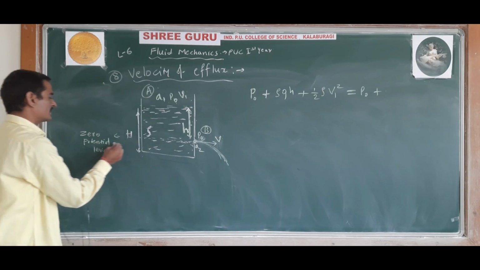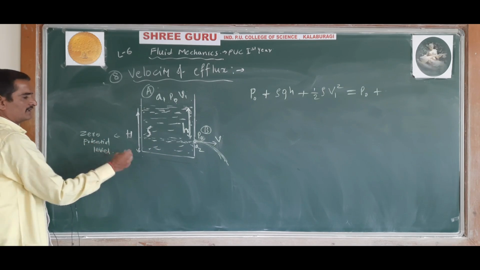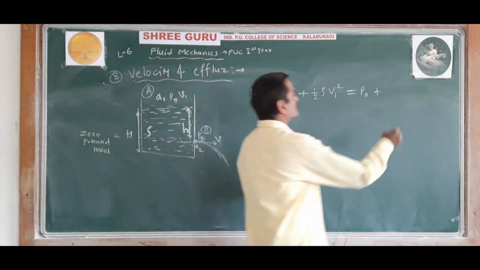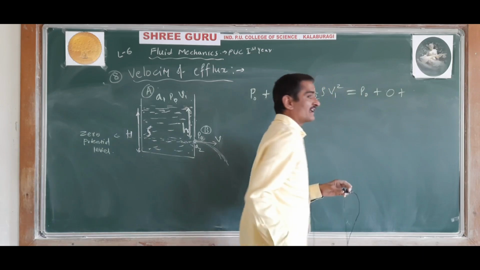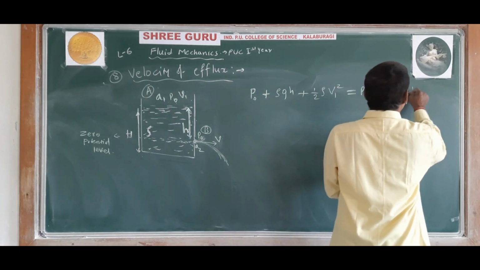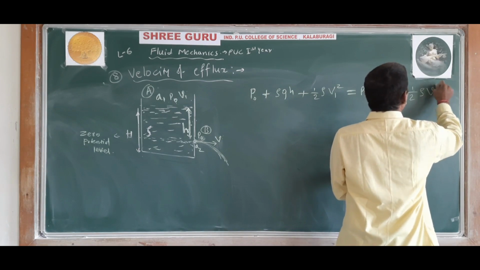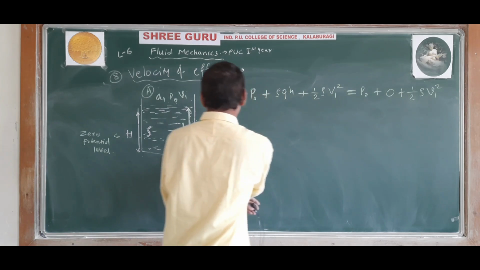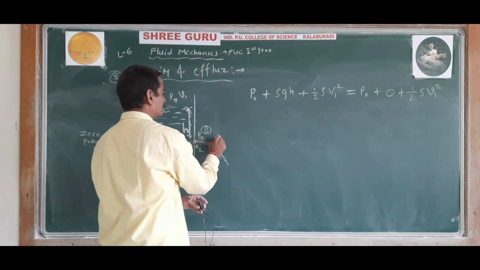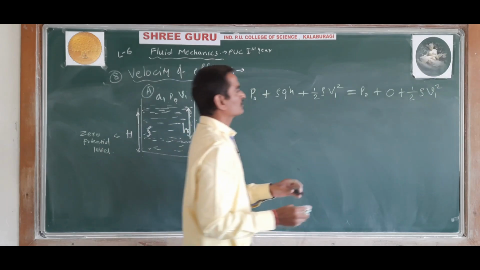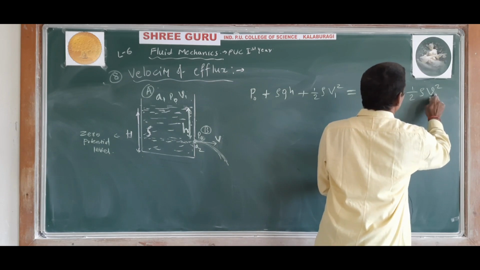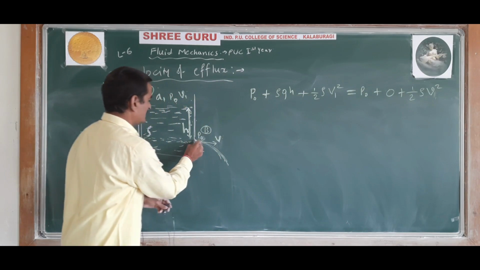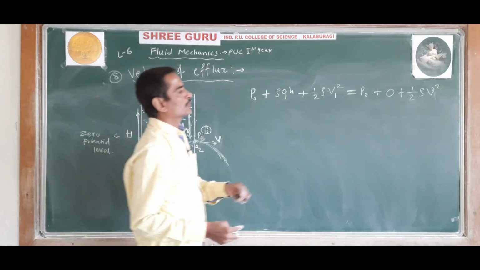Potential head here is 0 because we have taken it as the 0 potential level. So 0 plus velocity head, that is 1 by 2 rho v square. We have taken the velocity of the liquid at the orifice as v.